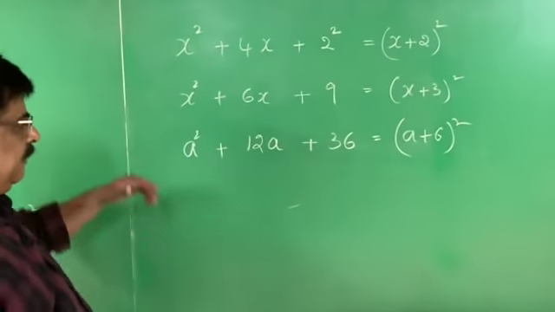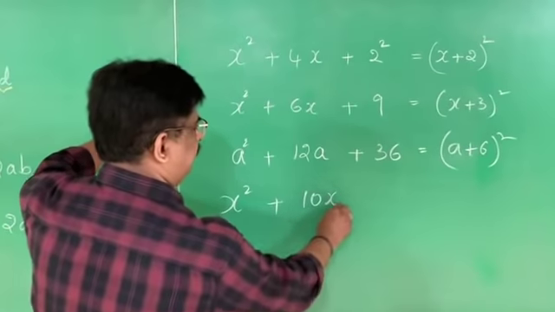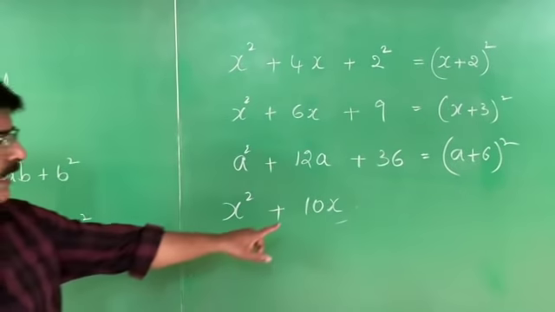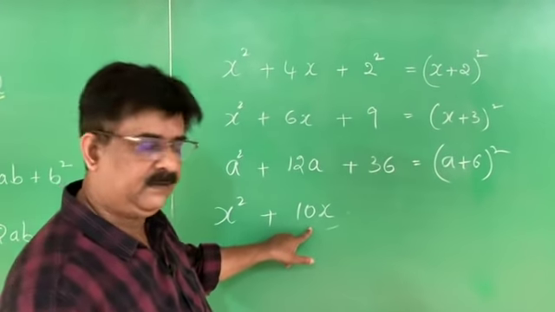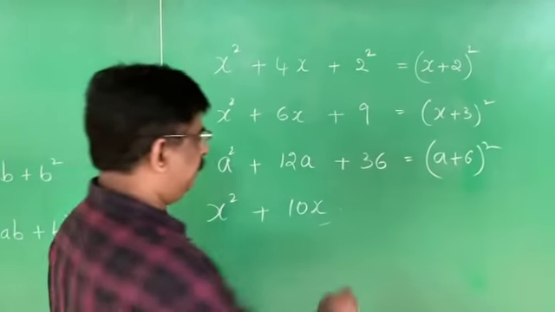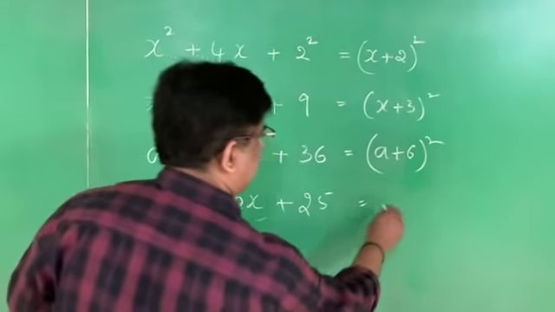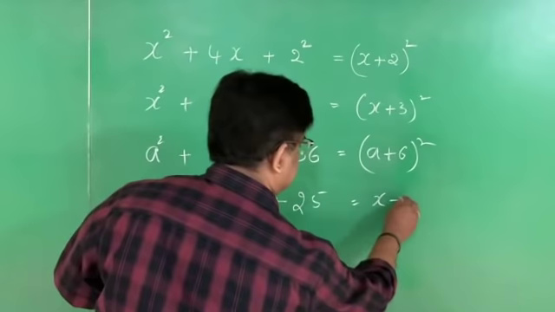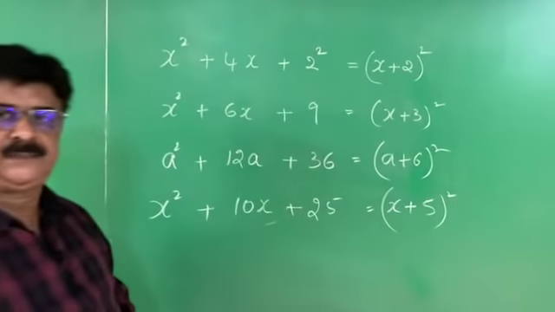Again, I will give you another one, x square plus 10x. Which is the number here? 10. What is half of 10? 5. Square of 5 is 25. Therefore, this can be written as x plus 5 whole square.